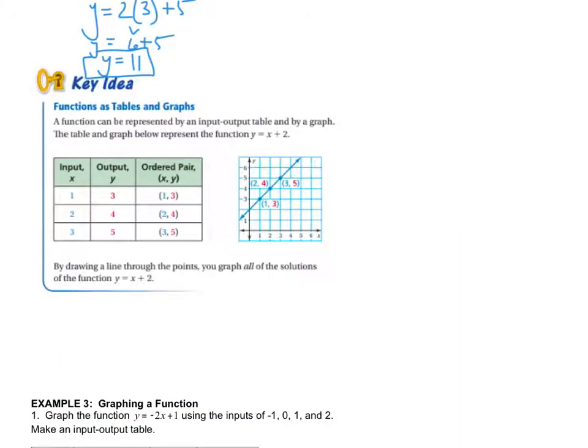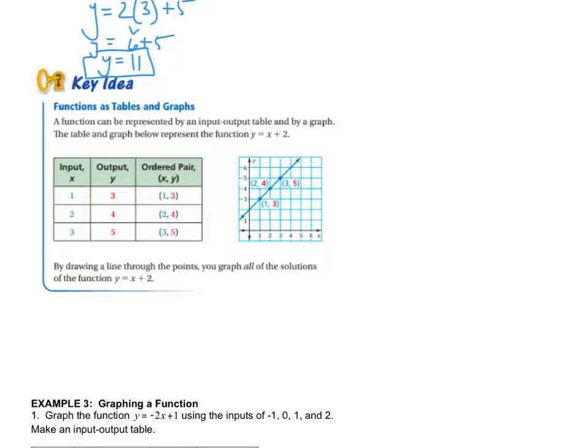And then just as a summary of what we've been talking about, these functions as graphs and tables. So the function can be represented with an input-output table and by graphs. This is the first time we've seen that in this chapter, but it made sense. We talked about it in 7.1. An input-output table is comparing x's with y's to make these ordered pairs.